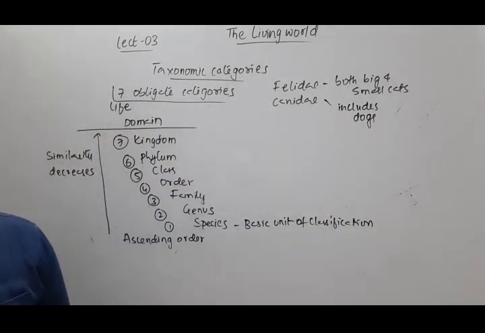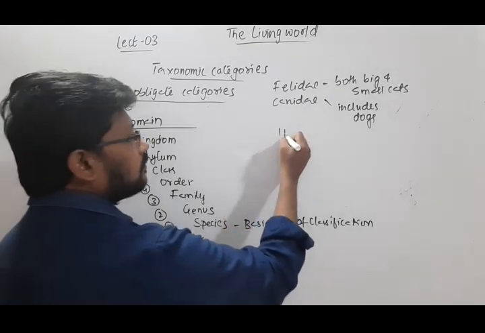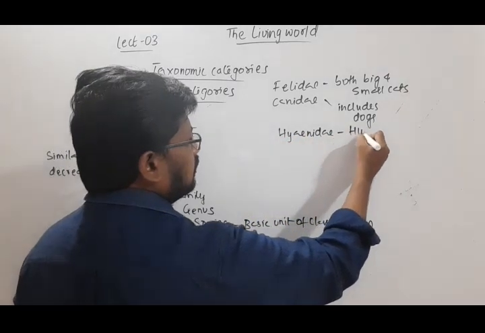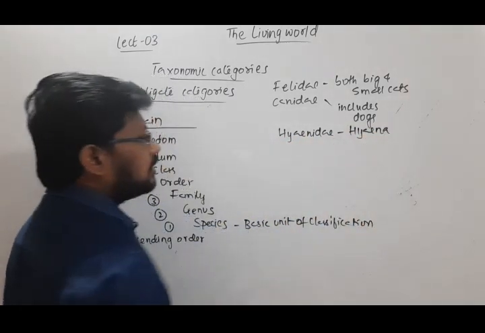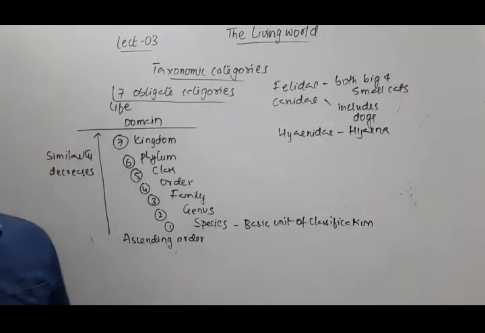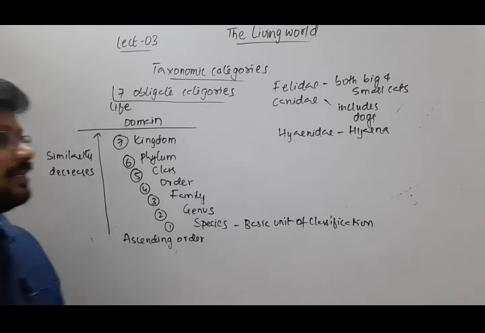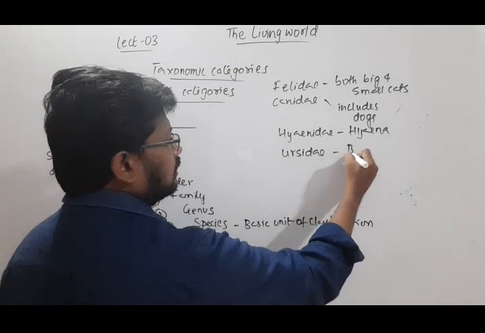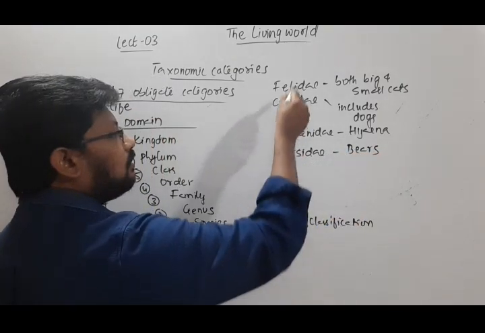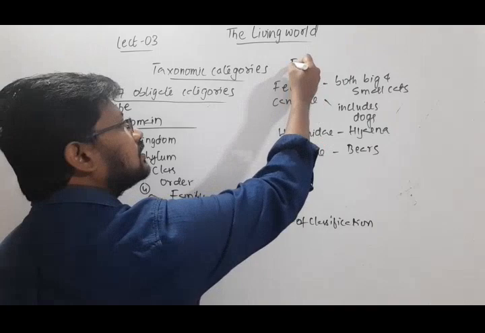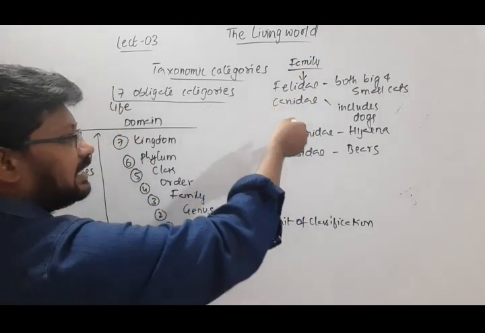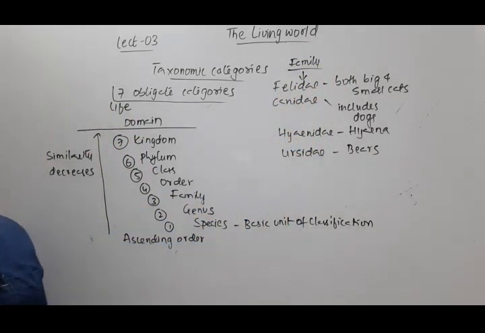And then even Hyenidae, which includes hyenas. They are another group of organisms. And then we can consider Ursidae, which includes bears. So these are different families: Felidae, Canidae, Hyenidae, and Ursidae.